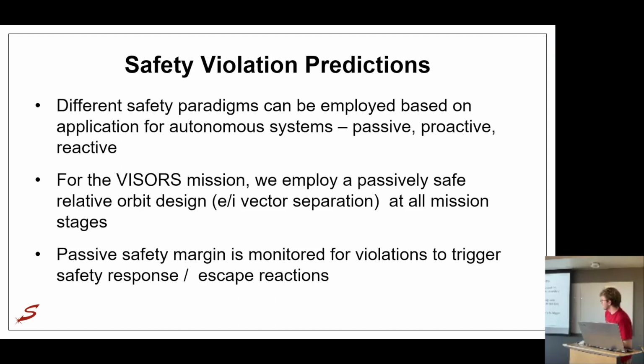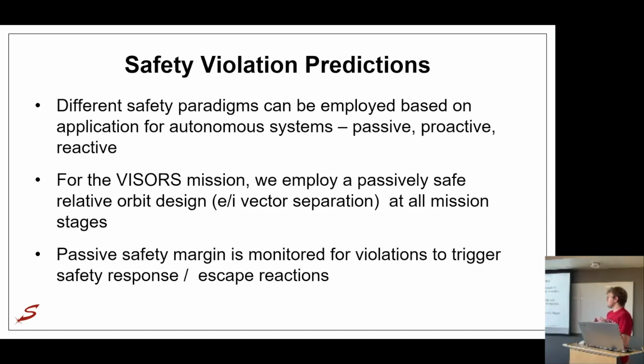But for most of the VISORS mission, and I would guess many distributed spacecraft missions, we have a passively safe orbit design by design, using eccentricity inclination vector separation, which gives us separation in the RN plane, which tends to be pretty stable with respect to perturbation effects and uncertainty.